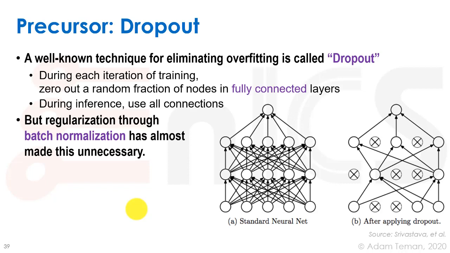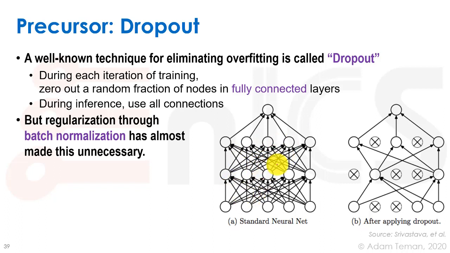During each iteration of training, we zero out a random fraction of nodes in fully connected layers, and then during inference, we use all of the connections. So basically, we have all of these fully connected layers, and we randomly decide a certain percentage of them to eliminate by zeroing them out, and then go through inference, backprop and so forth, but then we reconnect them and choose other ones to drop out.